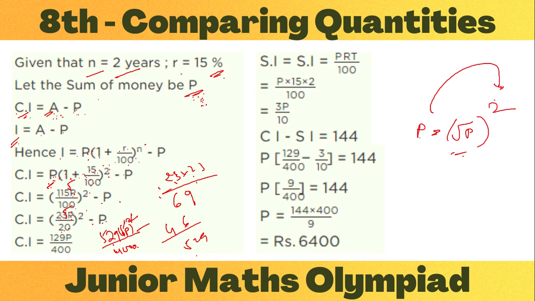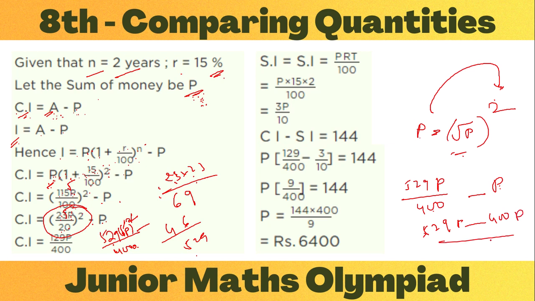It will become 529P by 400. So this total part will become 529P by 400 minus P. So this 529P minus 400P by 400, we will get. If we subtract, we will get 129P by 400. This is the compound interest formula.